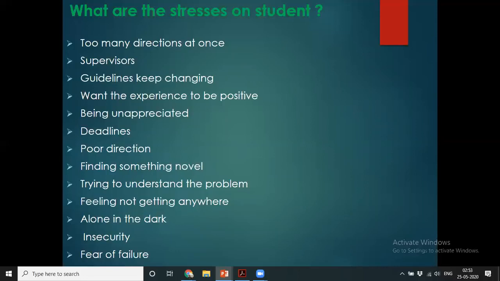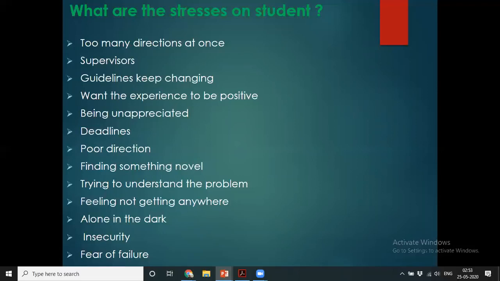If you choose a topic of a broad area, it will be very tough for the student to fix his objective. You will get too many directions for too many objectives, and at the end you will not reach a conclusion. So you have to be very focused, and that's why at the start I told you to choose a narrow topic, by which you can move in a single, unidirectional way.